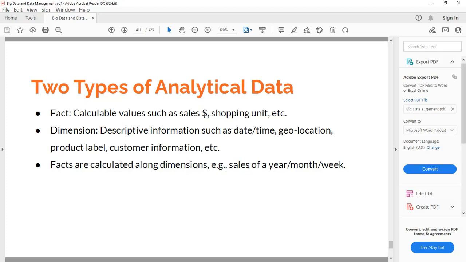Similarly, when you are not a consumer, when you are the manager of a retail store, maybe you want to analyze the sales between different cities. I want to compare the sales total of my stores in New York City against the stores in Boston.